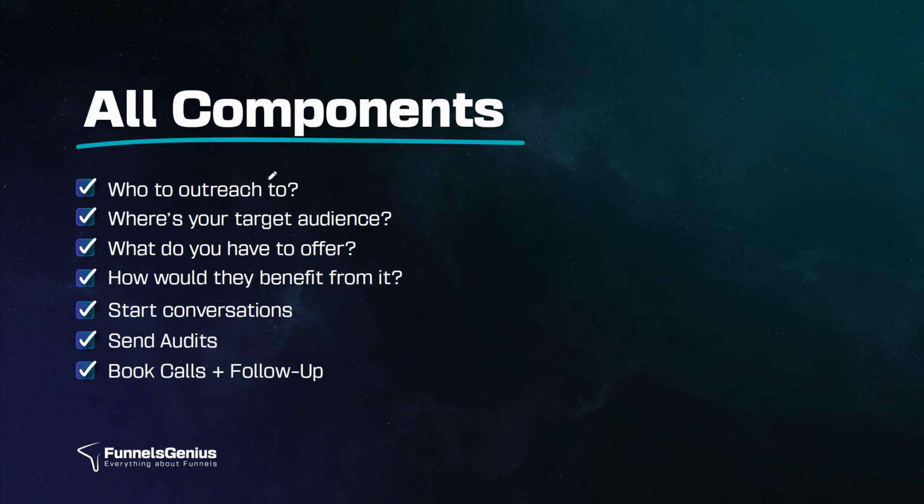So you want to think about who's your target audience. We're going to talk about that in just a little bit as well. Where's your target audience? This is also important because your target audience might be in specific places and not in others. So you might spend a lot of time and resources being present in one place, and guess what? Your audience might not even be there. So it's kind of wasting time.